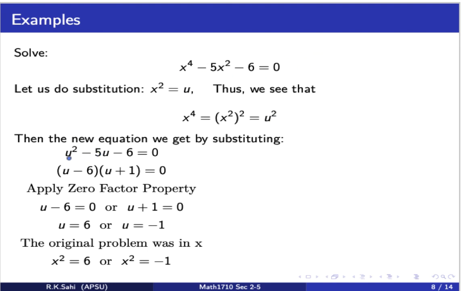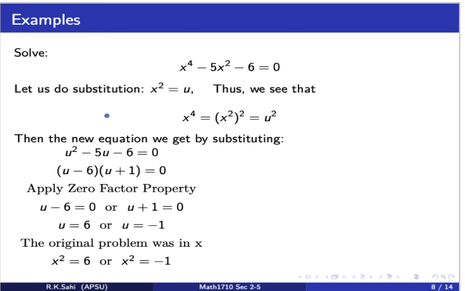The new equation becomes u squared minus 5u minus 6 equal to 0. So the polynomial which was given of degree 4 here has now become a quadratic. Now easily we can solve quadratic, and once we can solve quadratic, we can go back to the original problem and solve it for x, because that's where the real question was.